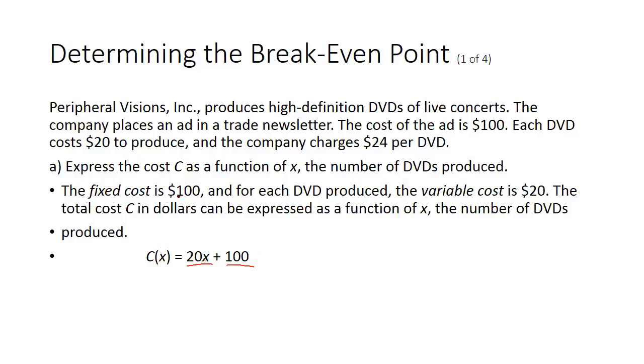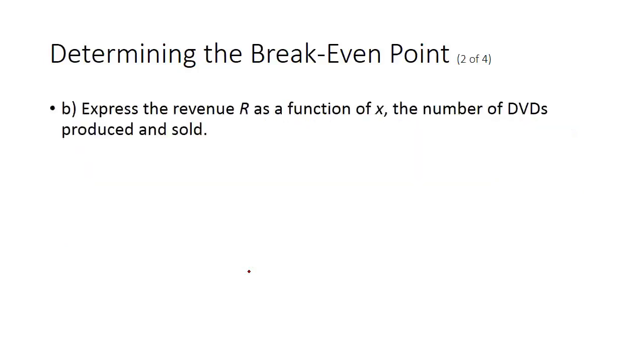So the fixed cost of 100, and for each DVD produced, the variable cost is 20. So it'd be 20 times X. If you have 1 DVD, it would be 20 times 1. If 2 DVDs, it would be 20 times 2, and so on. But that $100 is fixed. So the equation for cost would be 20X plus 100.